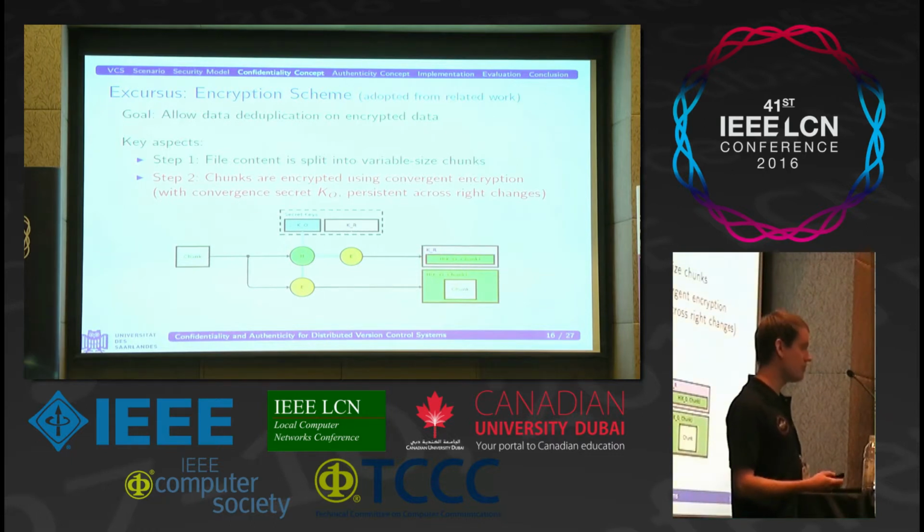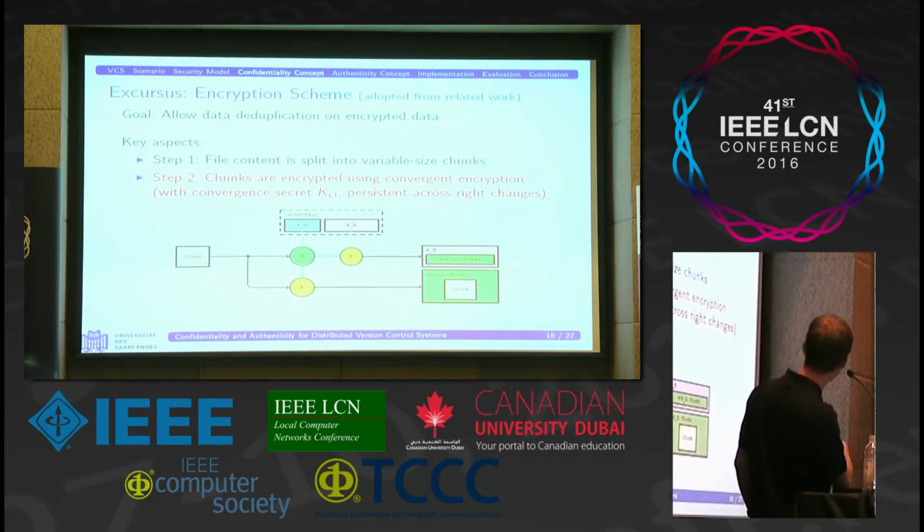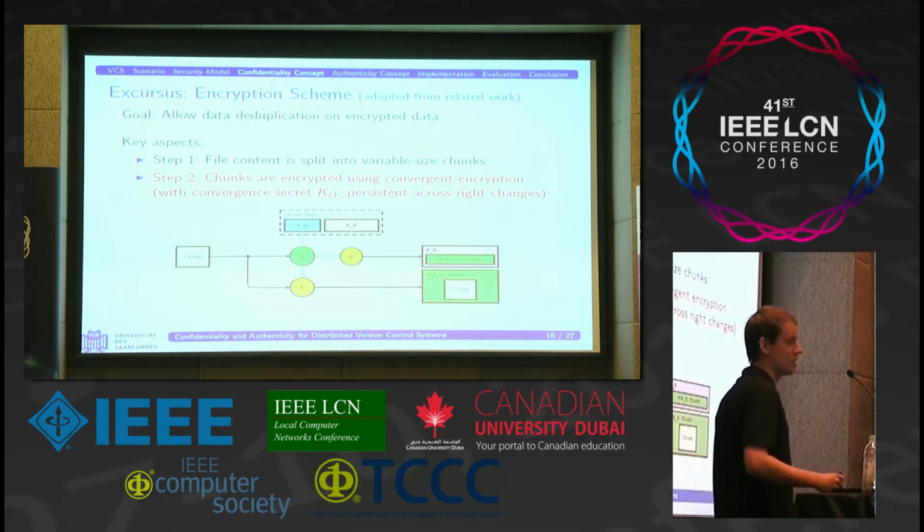In the second step, we encrypt the individual chunks using deterministic encryption. Actually, we use convergent encryption for that, which works as follows. We take the chunk content and compute a hash value for the content, which is keyed by some additional key, the convergence secret.